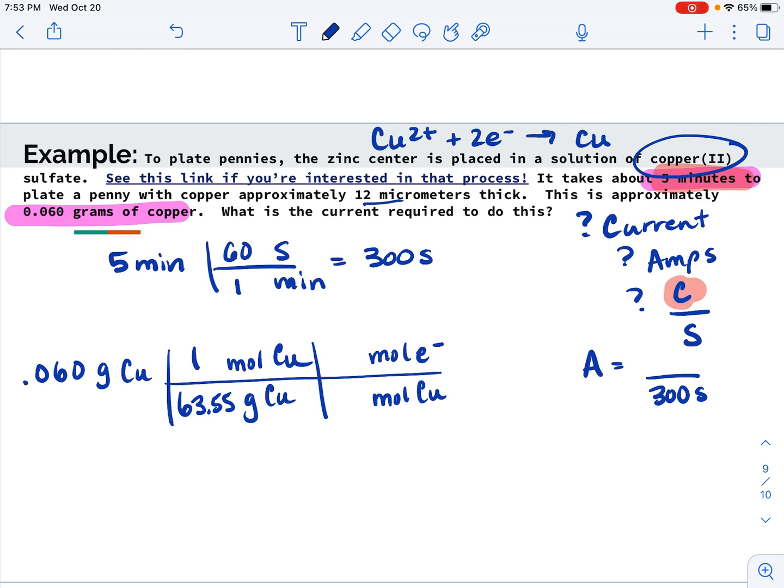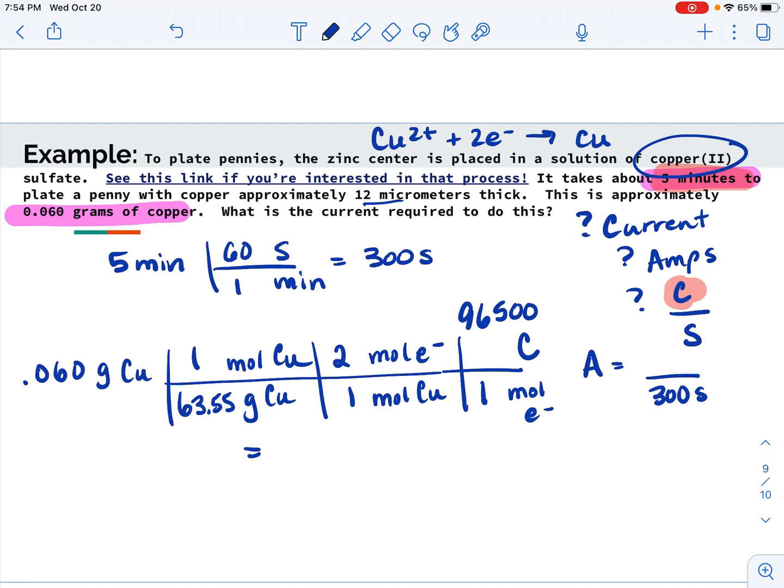So this is going to be 1 mole of copper, 2 moles of electrons, and then from moles of electrons to coulombs, and this is Faraday's constant. So 1 mole of electrons, 96,500 coulombs.